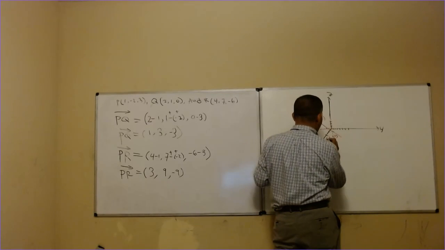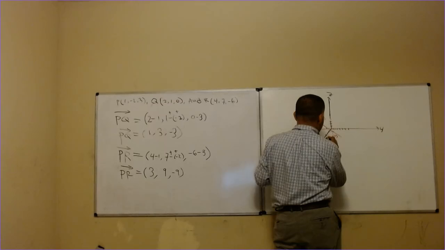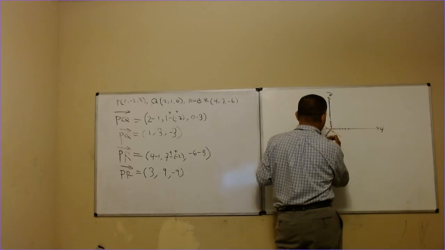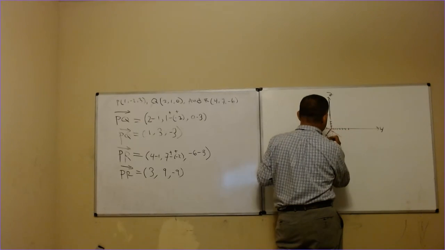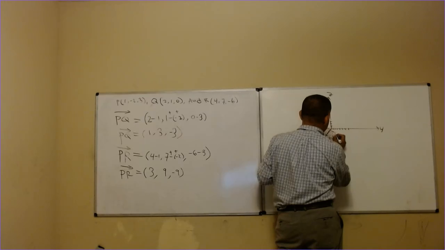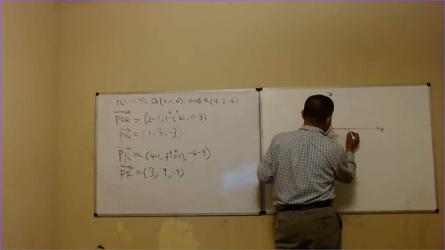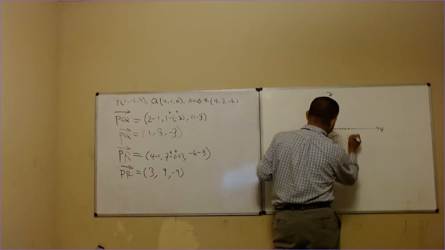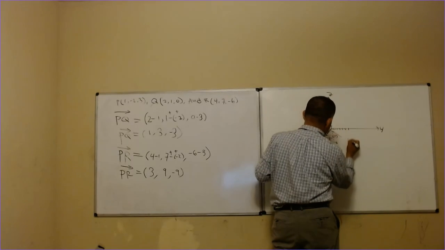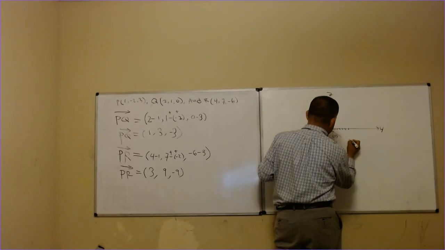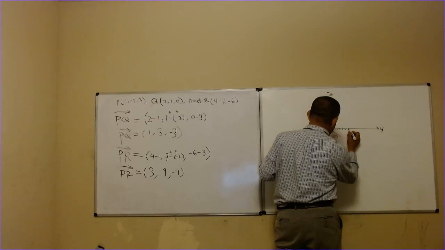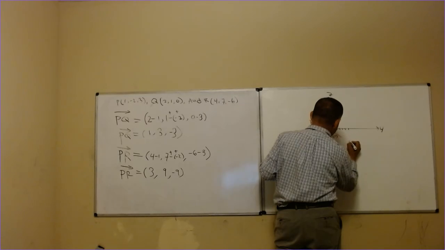Okay, so I go 7 units from here, and then from there I drop it down, all the way from positive 7 down to 6.